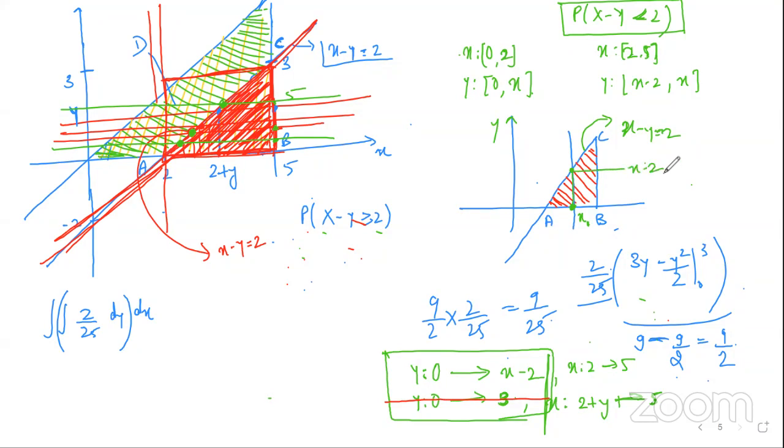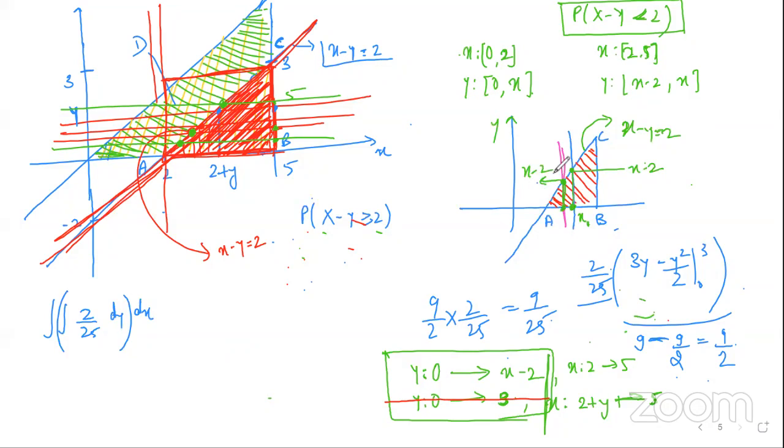Now, similarly, you take any other line. Any x you fix, you see that the lower limit of y is always going to start from 0, and it is going from 0 to maximum this point over here, which is again x minus 2.